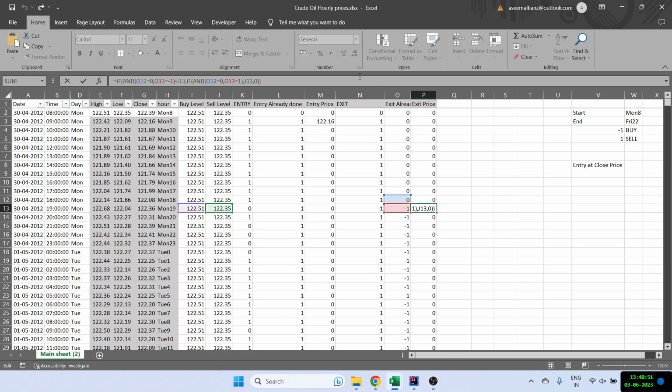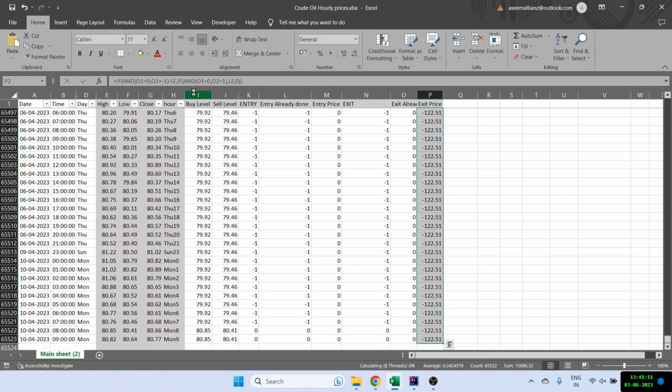Let me check why this is not giving me the exit here, because this should be about -122.51. So let's see if O12 is equal to 0, O13 is -1, okay, comma. All right, yeah, so this is correct now.